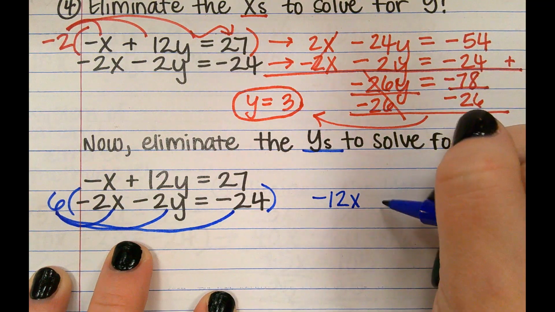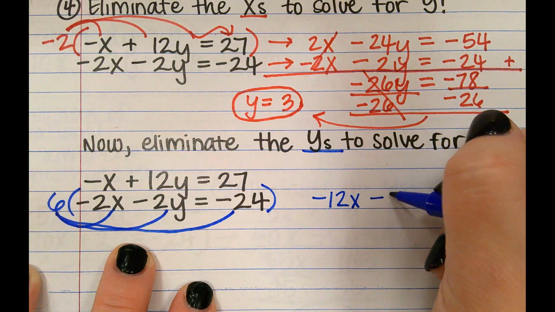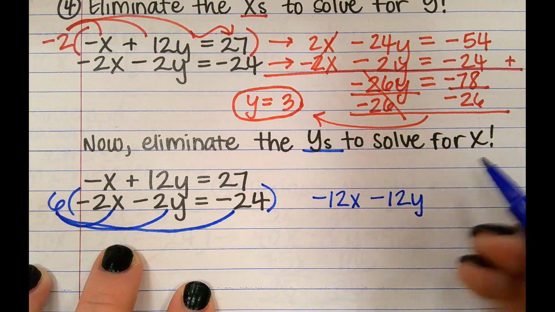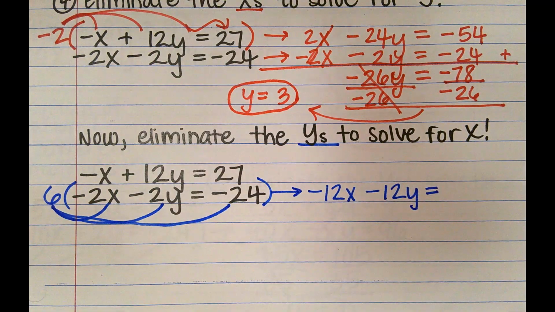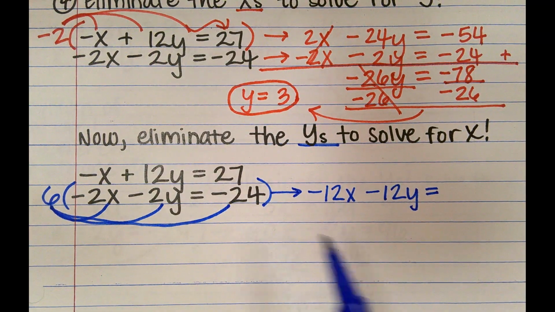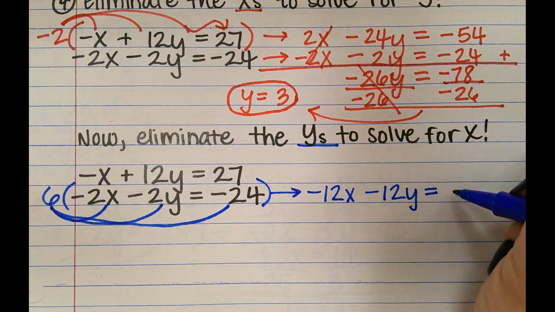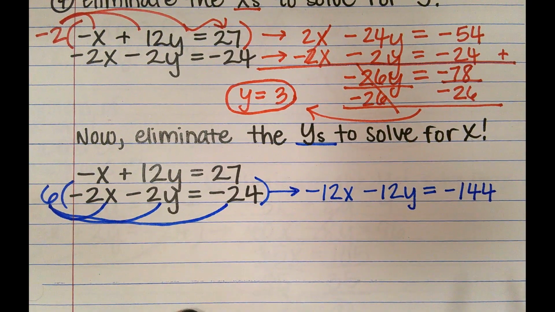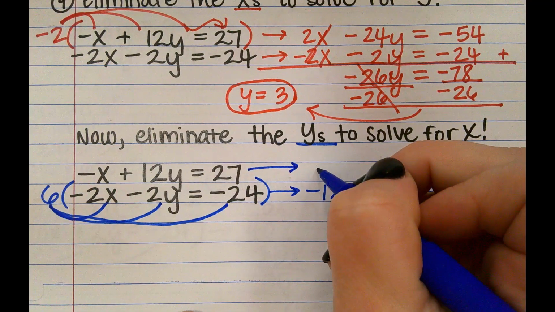And then -12y equals -144. And then you bring your other equation over.